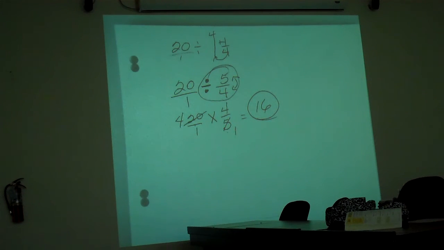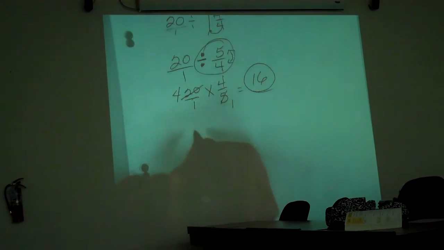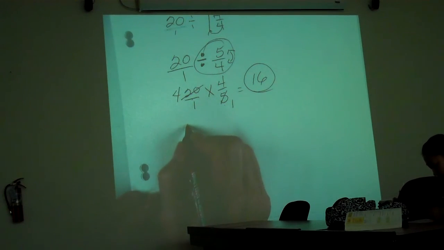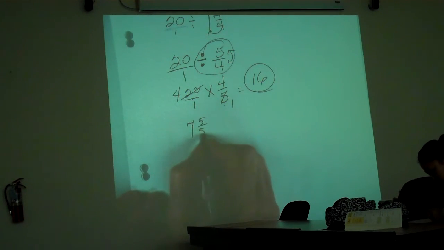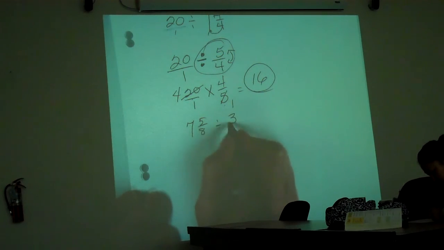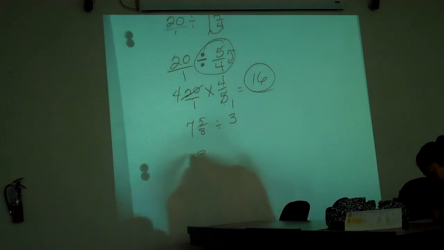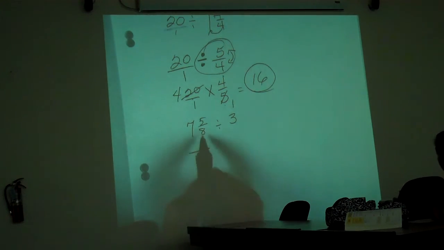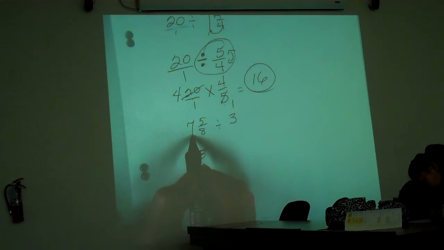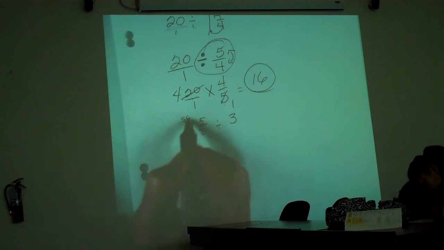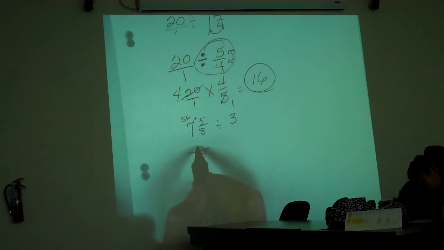Okay? What if we have a whole number on the second part? Let's say we have 7 and 5/8 divided by 3. Okay, 7 and 5/8, change that to improper. 8 times 7, 56, plus 5, 61.